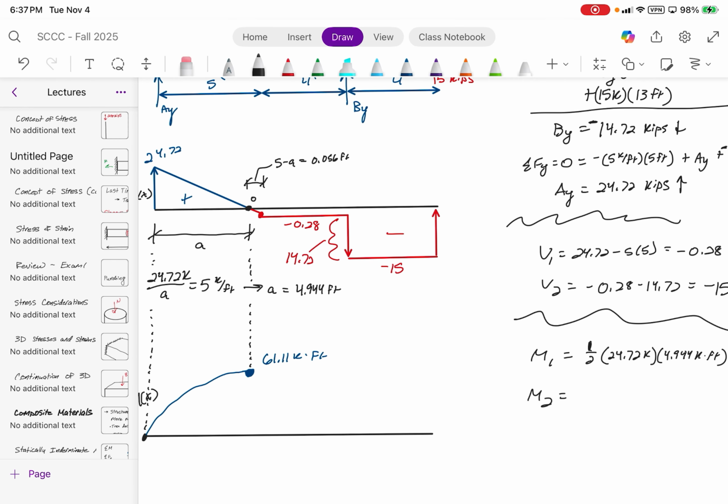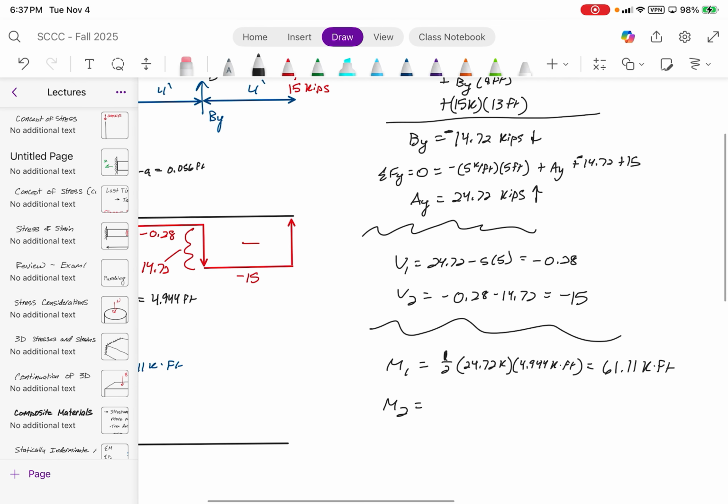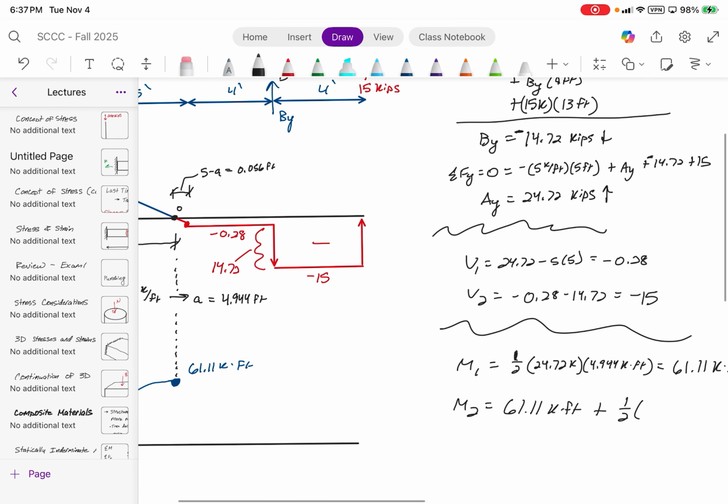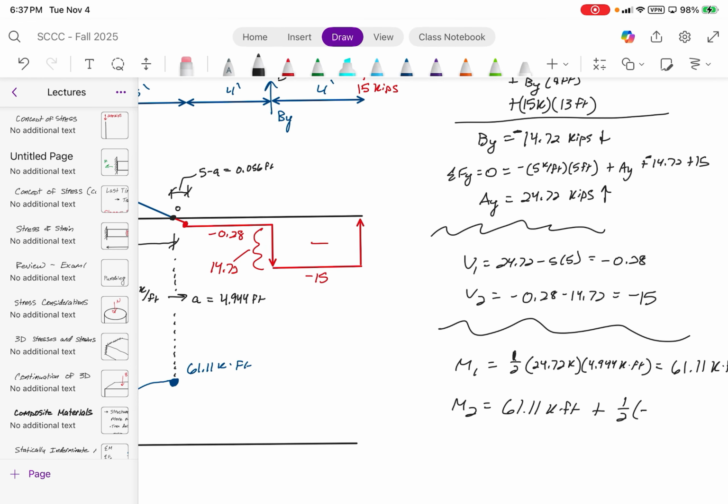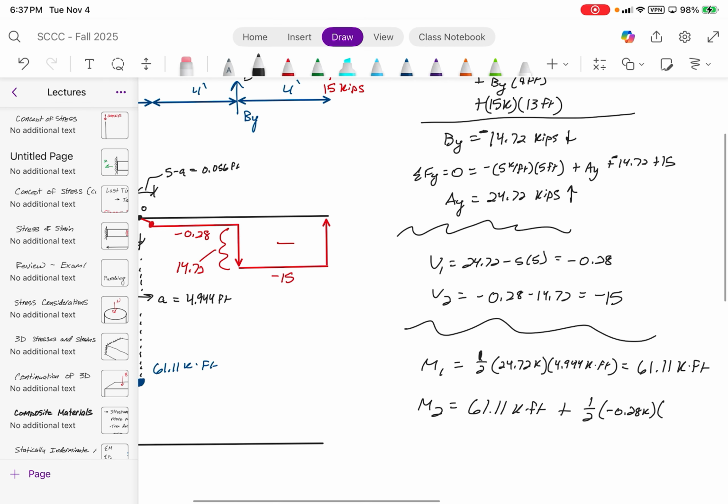So M2 is just going to equal the 61.11 kip feet plus 1/2 times the negative 0.28 kips times the 0.056 feet.